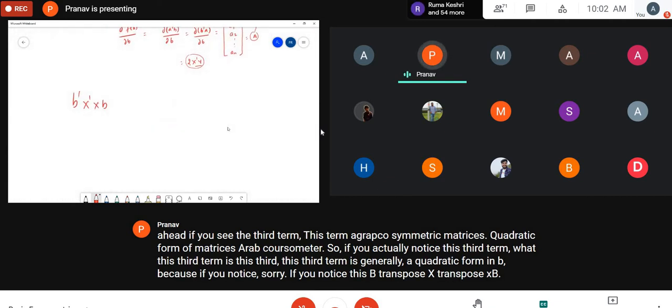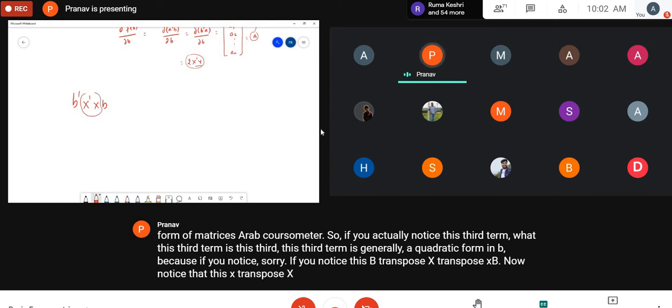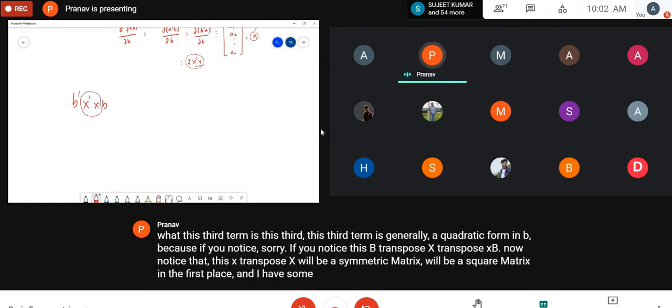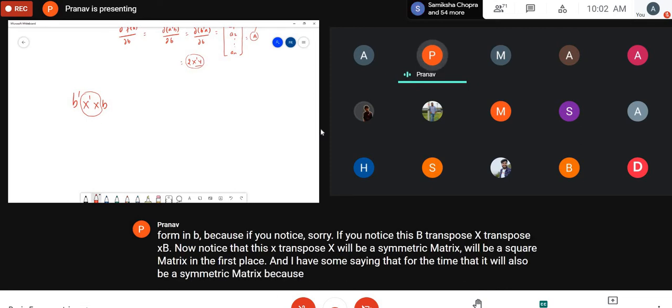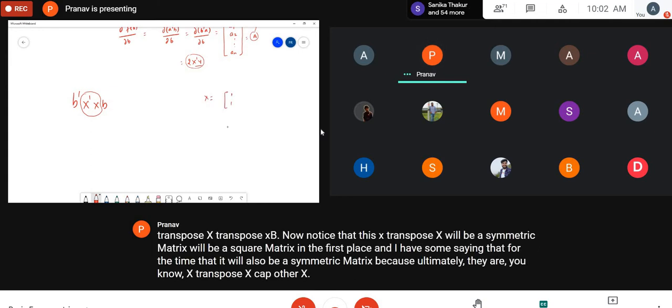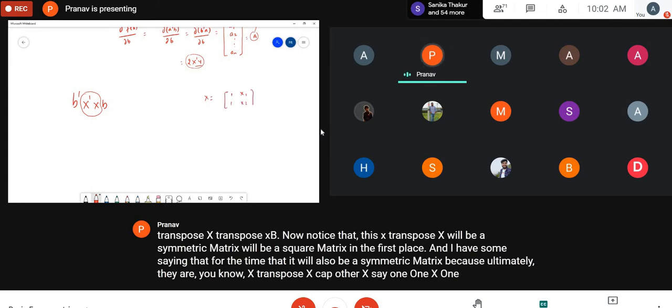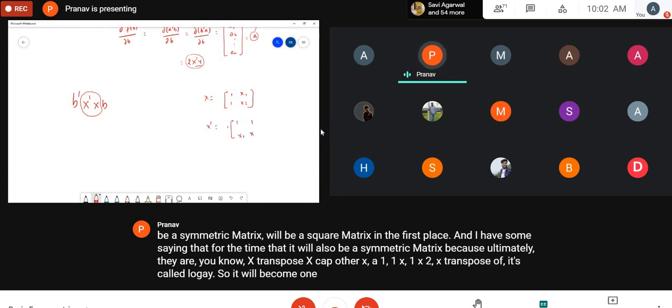Now notice that this x transpose x will be a square matrix in the first place, and I am also saying that it will be a symmetric matrix. Because what is x transpose x? Suppose your x is the matrix with rows 1 1 and x1 x2, and if you take its transpose, it will become 1 1 x1 x2.